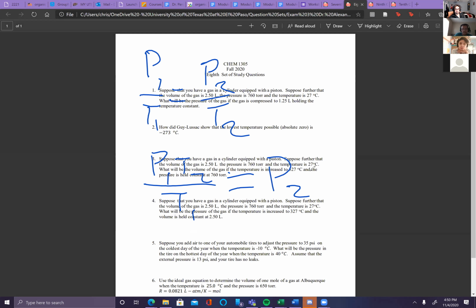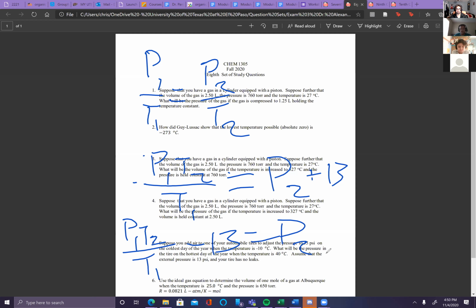Okay, so if there's an additional pressure being added to here, because P1, you already added the 13 too. So you multiply and divide, and when you get whatever number, then you subtract 13 from that. So it'll be P1, T2 over T1 minus 13. Does that make sense?